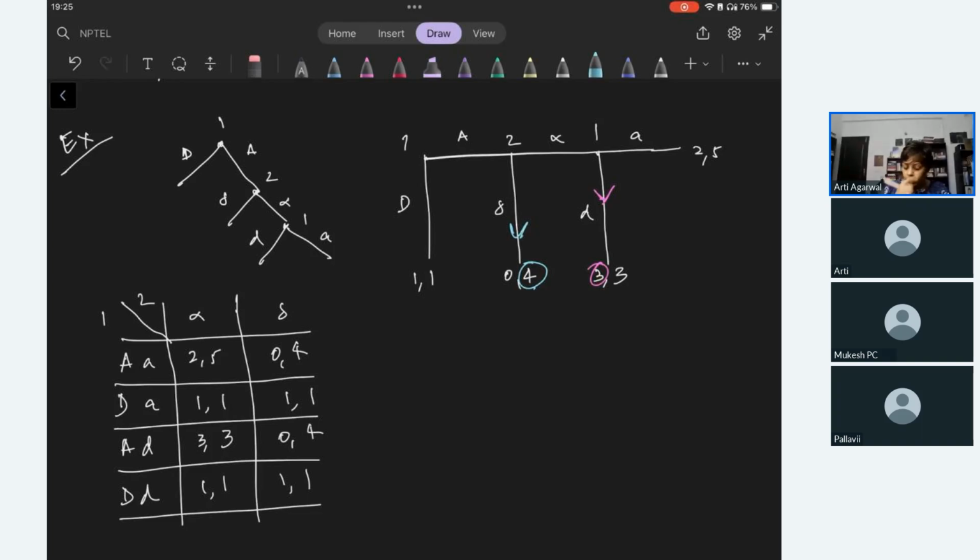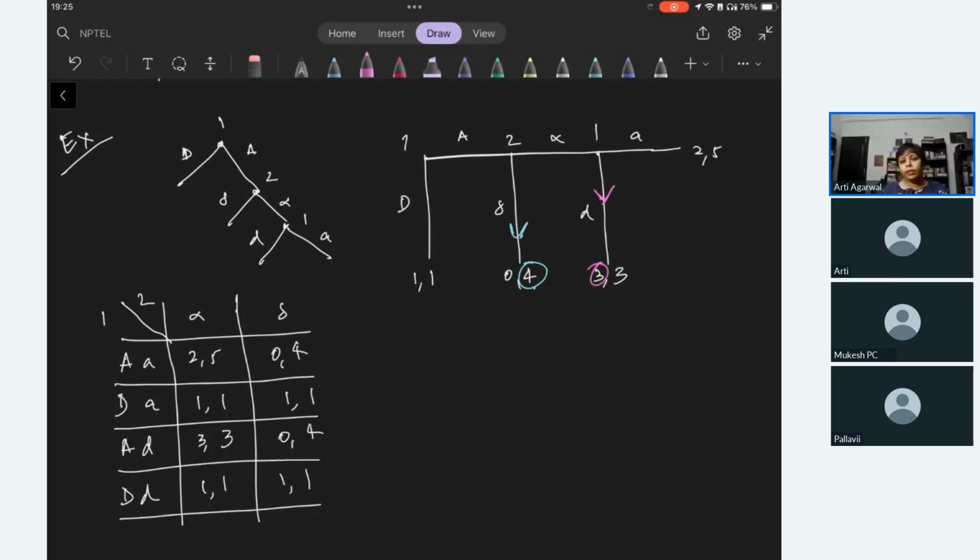Let's come back to player one in the previous subgame now. Now one has to choose between capital A and capital D. Okay. Now one is only going to look at his payoff. One knows that if one chooses capital A, 2 is going to choose delta. 2 is not going to choose alpha at all. So that part of the subgame is not going to be played at all. Only the delta arm is going to be played, where I have marked that blue arrow.